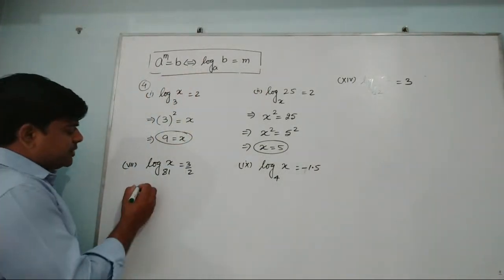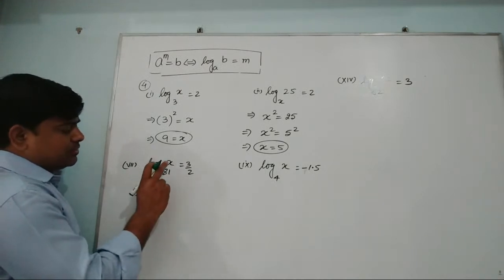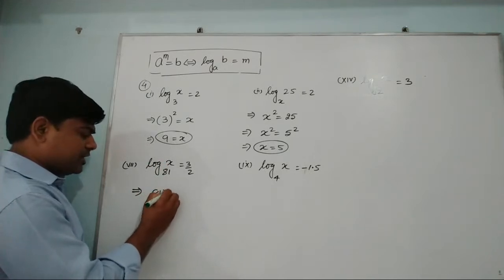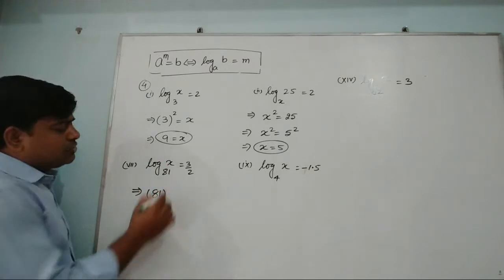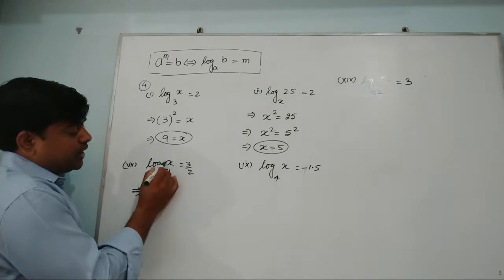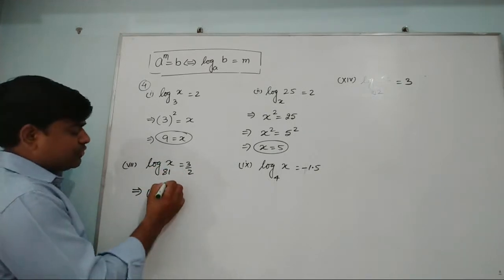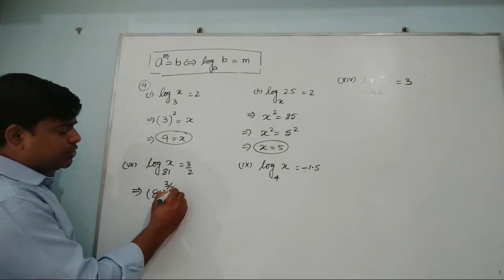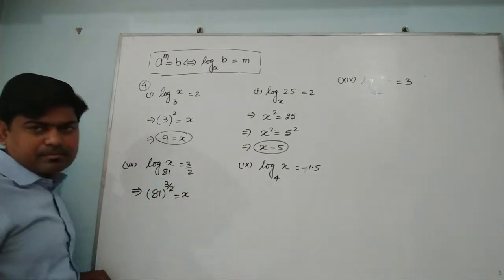Okay, move here. You can concentrate. What is given? 81 as a base. I'll take 81 as a base. Now, as I told you, they will interchange their place. So it is 3 upon 2 is equal to x.